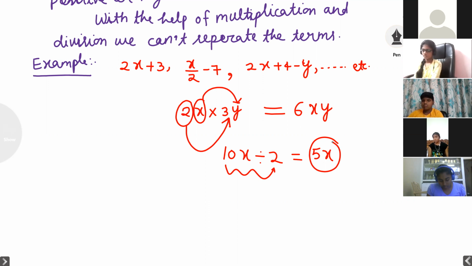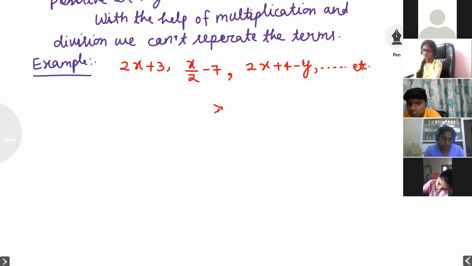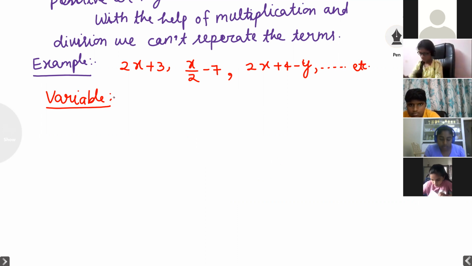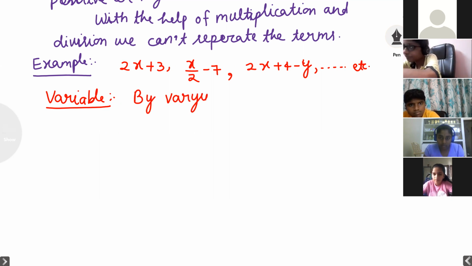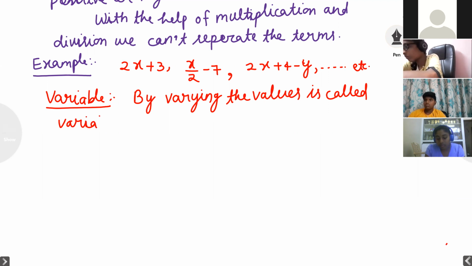Now key heading, variable. By varying the values, is called variable.